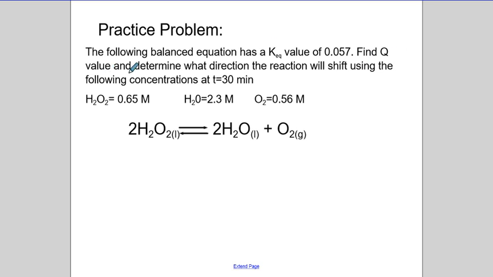Find the Q value and determine which direction the reaction will shift using these concentrations. So all of these concentrations right here are for Q. The system is not at equilibrium with these values, so these are all Q values. If we plug these in, they give us Q.